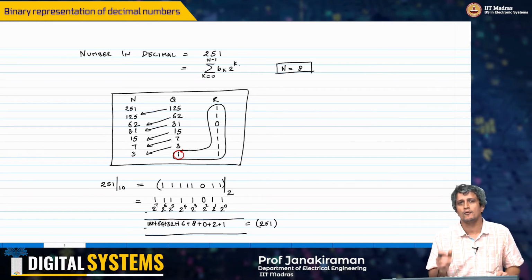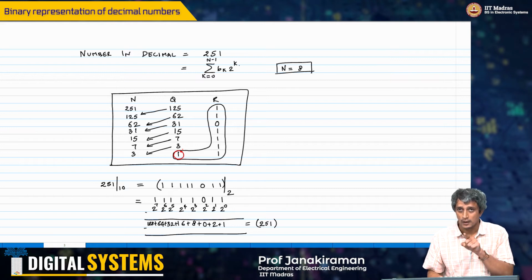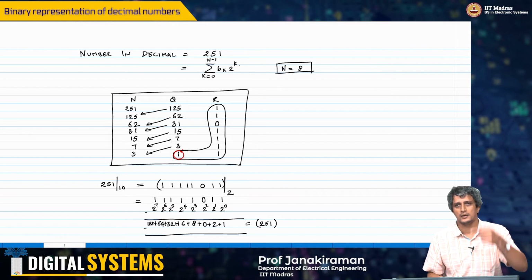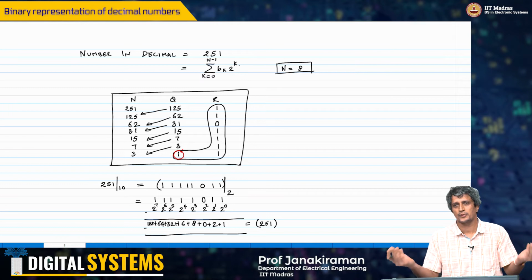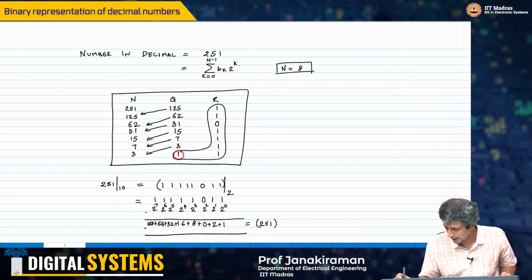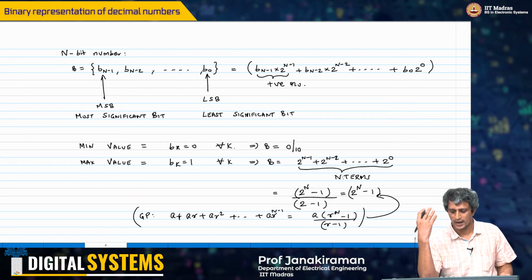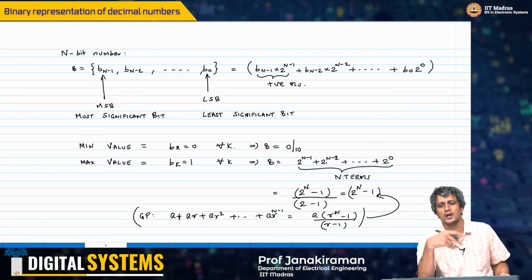That's how you do division, by the way, even in decimal. So here I have to wait until the quotient either goes to 0 or 1, and then I take the bits that I get, and however many bits I get, that is the representation of that number.